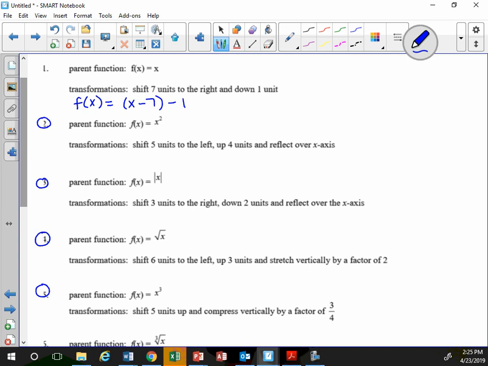You guys definitely make them equations. Make sure you're writing f of x equals. Don't just write the expression part of it.